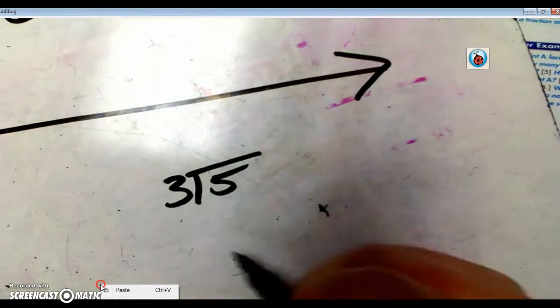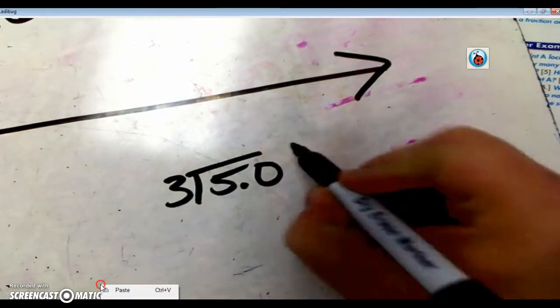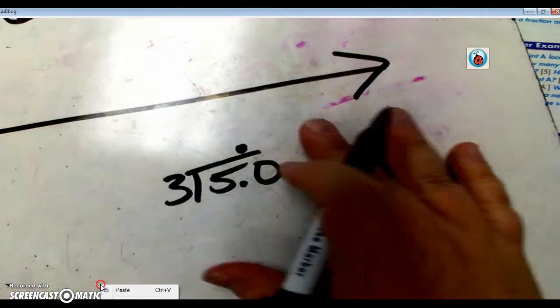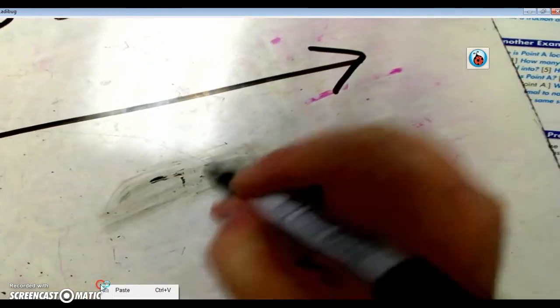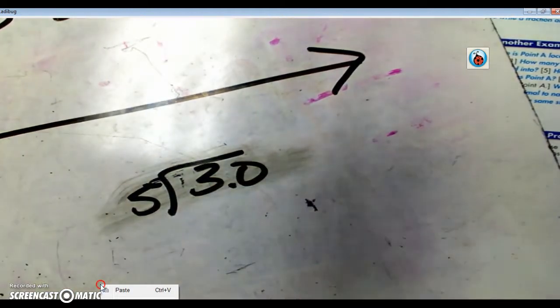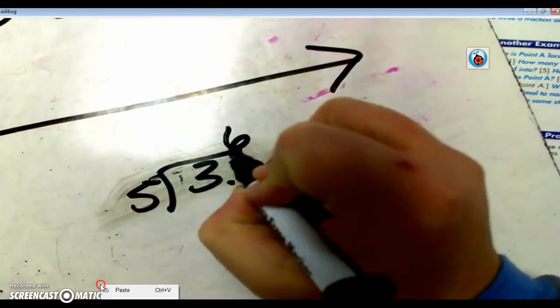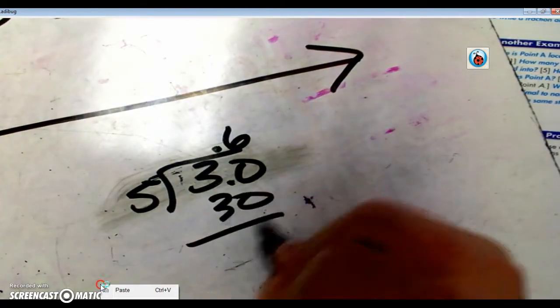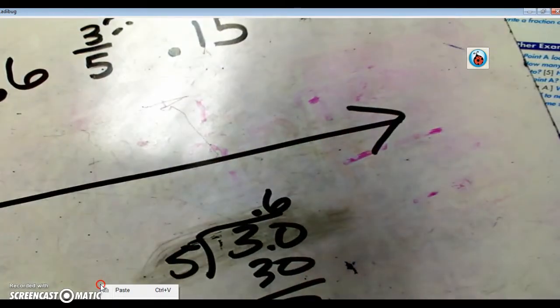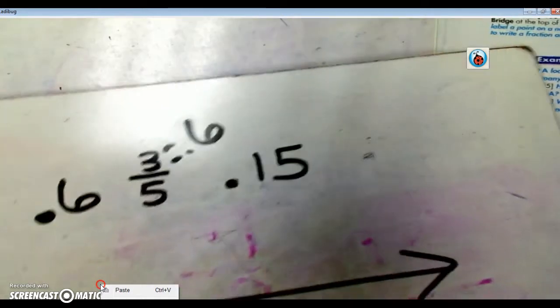And if I did that, add my decimal point and my 0, decimal point comes up in the answer. If I would do this the right way, here I am setting a bad example. 5 goes into 30, how many times? 6 times. Giving me 30, subtract, I get 0. So 3/5 is equal to 0.6. See what I mean? I gave you the same one twice.